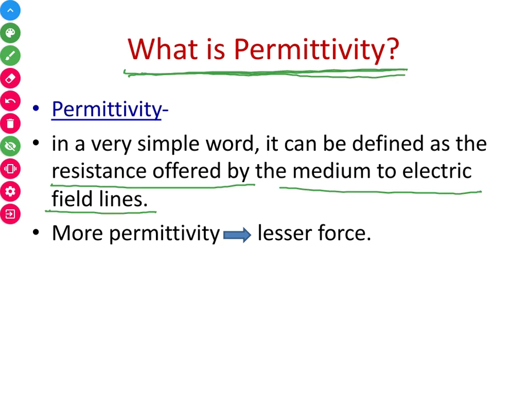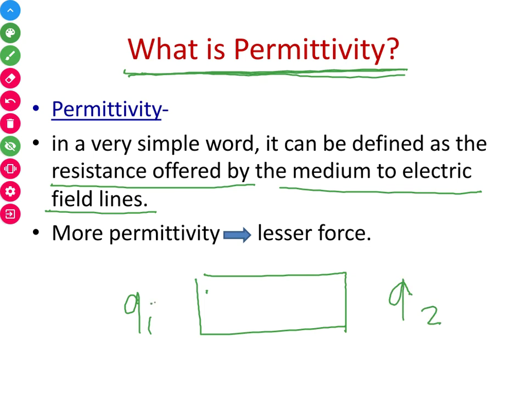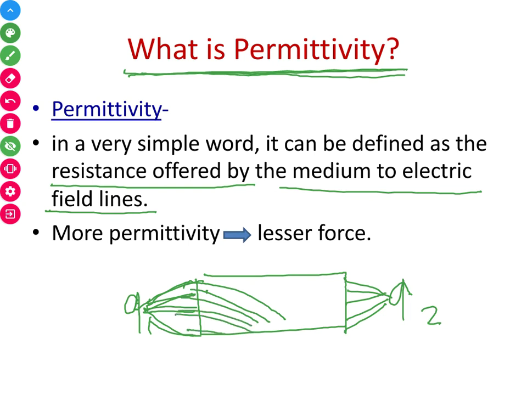That means if the resistance is more, say for example, there is a medium between these two charges, Q1 and Q2, and 100 electric field lines come out from this charge and only 40 lines reach here, it means the rest of the lines are absorbed in the medium, so it is offering more resistance.